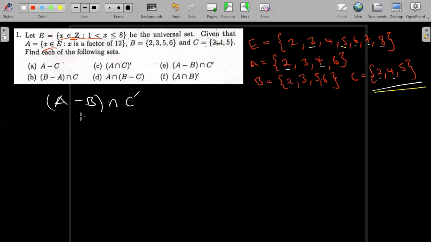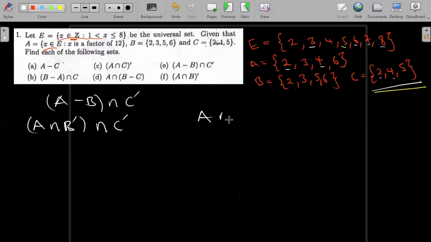So that is my part E. And I can write what I have in the bracket as A intersect B complement, then intersect C complement. I'm sure now we are all up to pace with what is happening here. So this is what I have to simplify. I can start with what I have in the bracket.